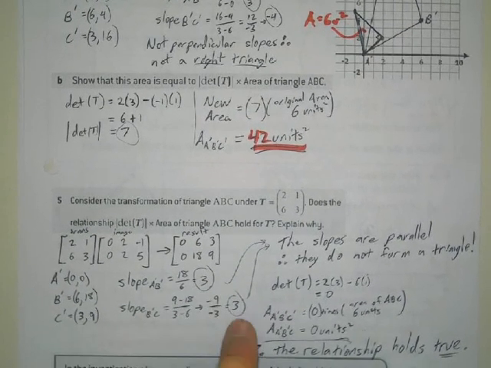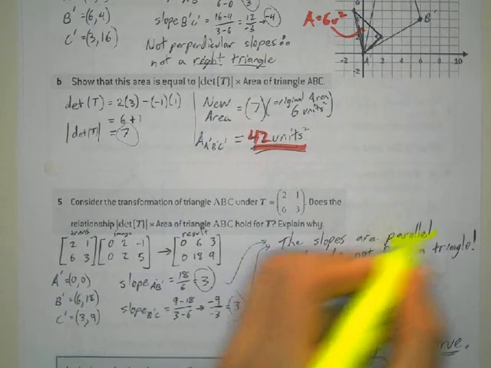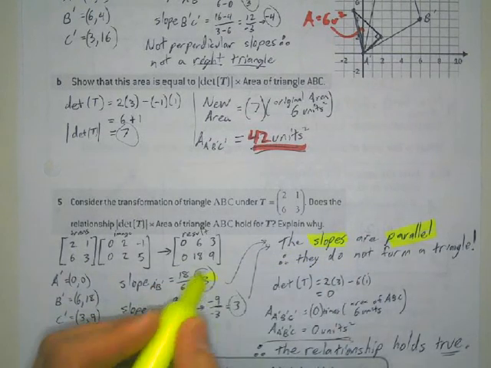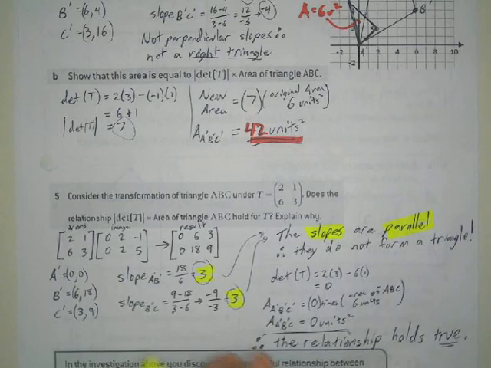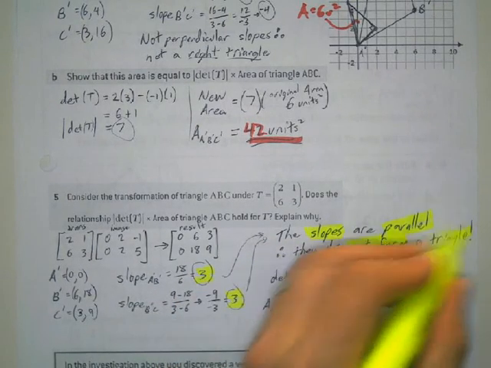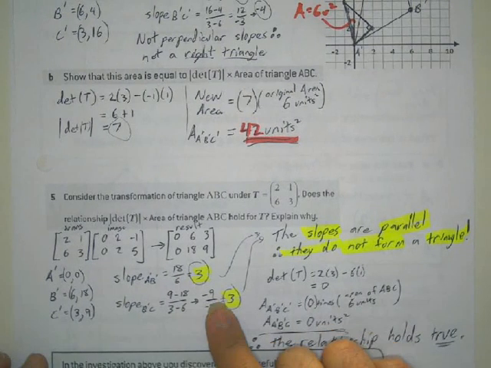Oh my goodness, they have the same slope. So after undergoing this transformation, we see that these lines have the same slope.